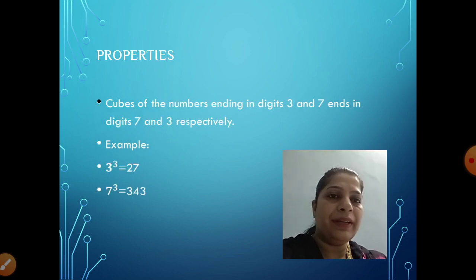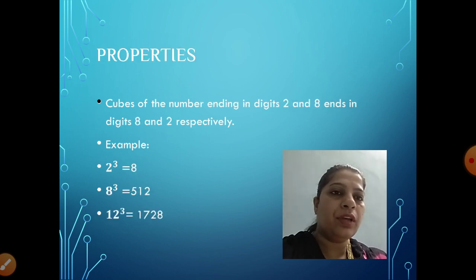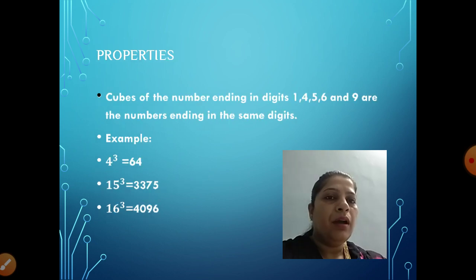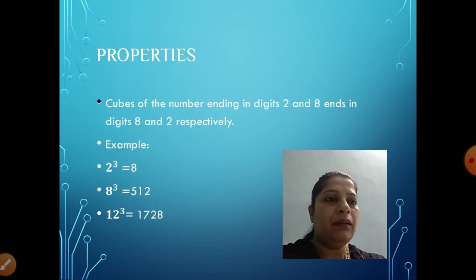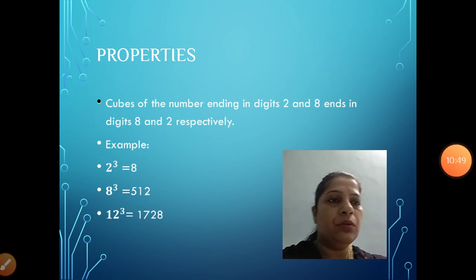These are the properties of cubes and cube roots. We have more properties for square numbers, but very few properties for cube numbers. So in this way we have completed the properties of cubes and cube roots.